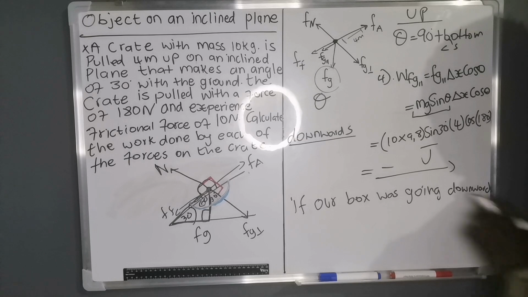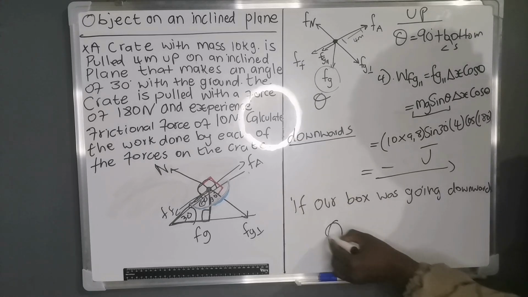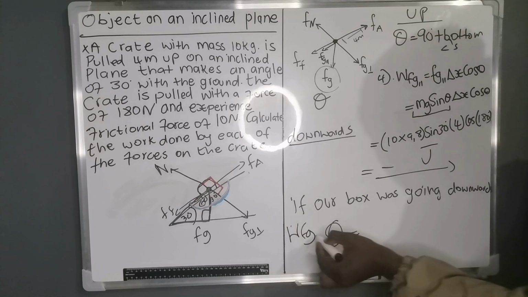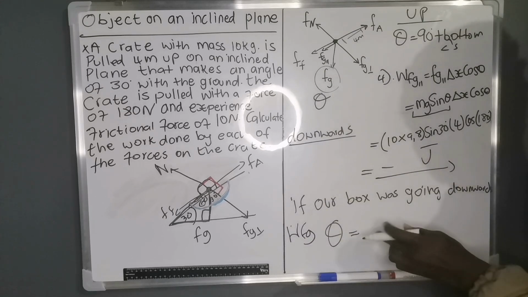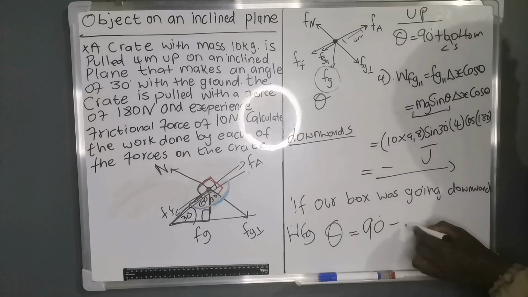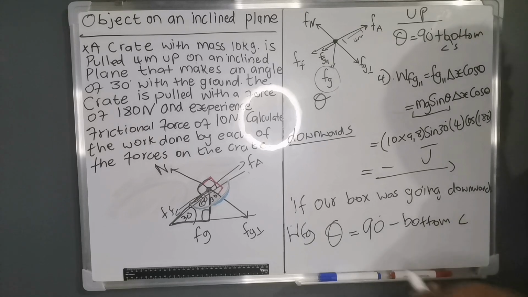If it is going downwards, you say θ is equal to 90 degrees minus the bottom angle, then you are done.